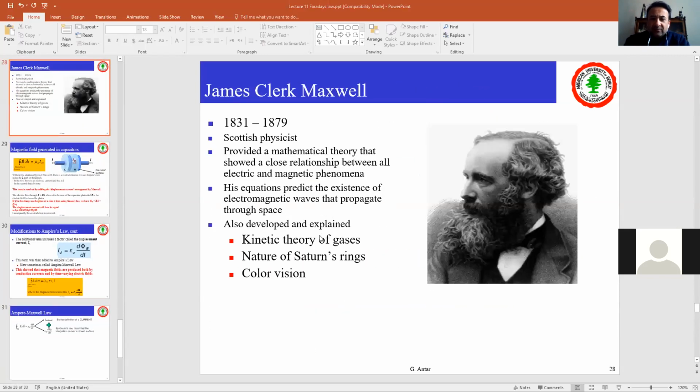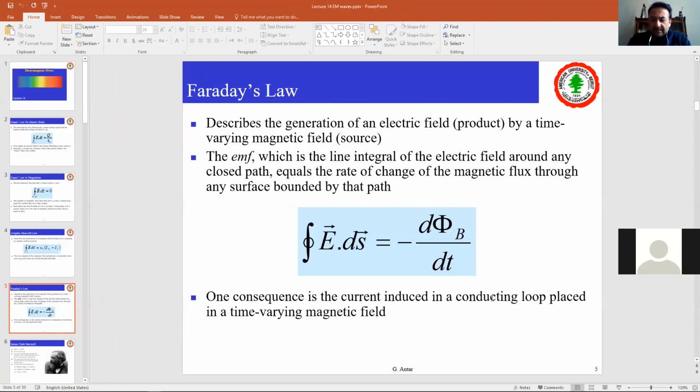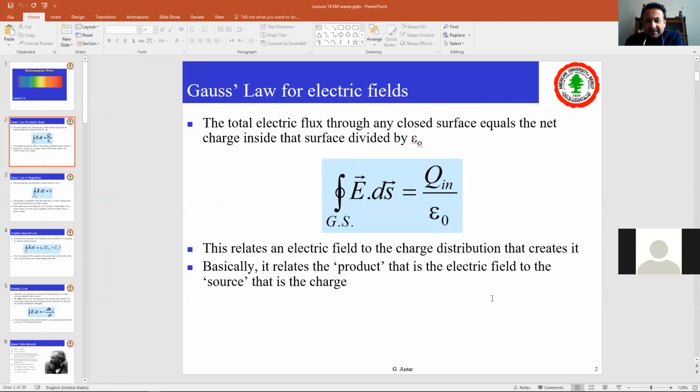So let's go back to the electromotive force here. Let me repeat for those who just joined us that we have seen Gauss's law for electricity, where we have charge and electric field.